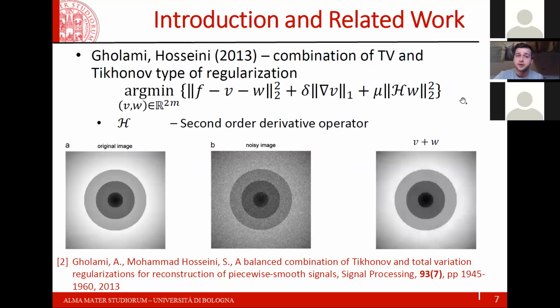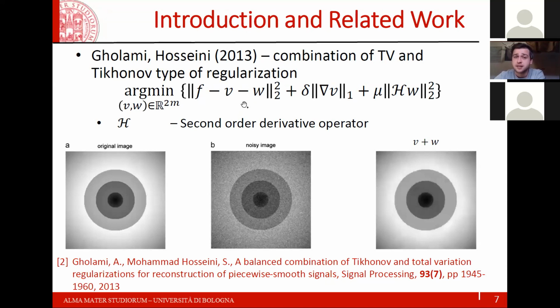In the other work by Golami and Hosseini in 2013, they proposed the following combination of total variation and Tikhonov type of regularization for denoising of a piecewise smooth signal, where once again the fidelity term is the same.